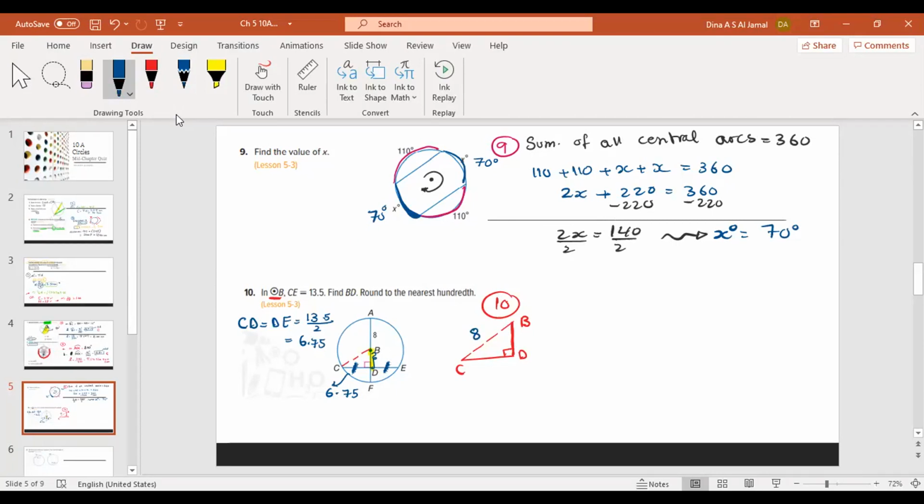So this is your radius, and your BD is unknown, you don't know it. CD is 6.75.